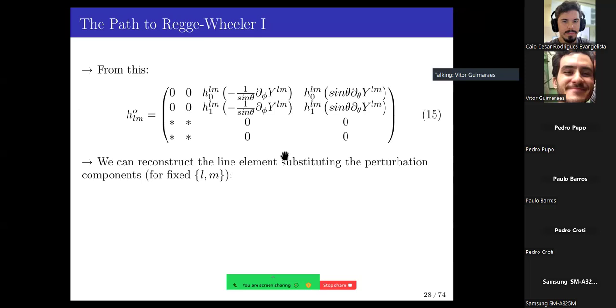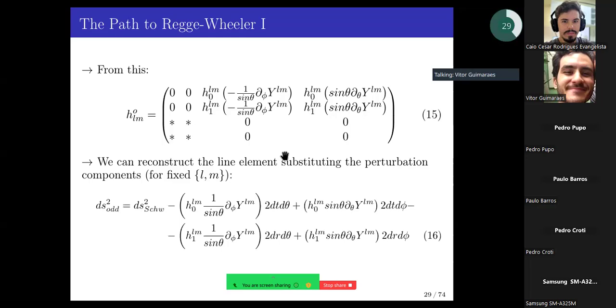Remember that when we saw perturbations in flat space-time, the intuition behind what happens to that arrangement of particles in a circle came from the line element. So here we can reconstruct it: if we substitute this into the line element, we have the odd perturbed line element. We didn't plug in the full perturbation, only the odd part.